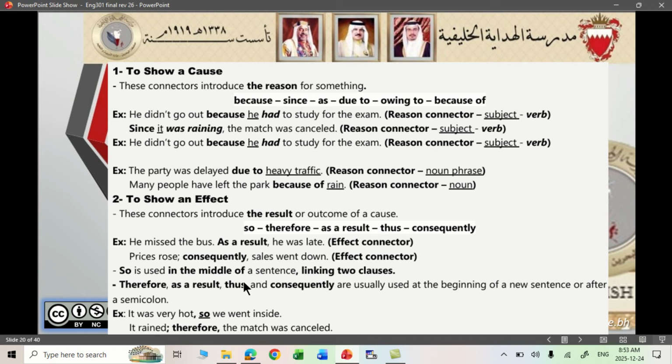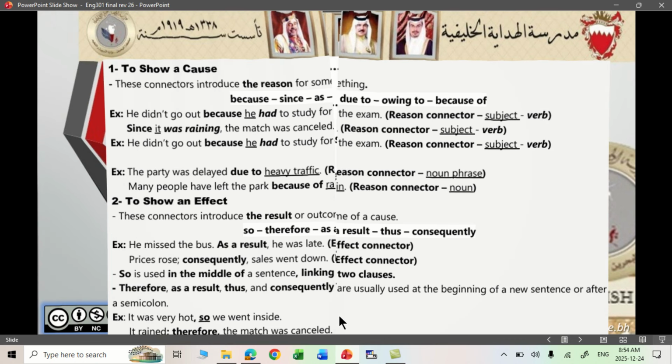Therefore, as a result, thus, and consequently are usually used at the beginning of a new sentence or after a semicolon. It was very hot, so we went inside. It rained, therefore the match was cancelled.